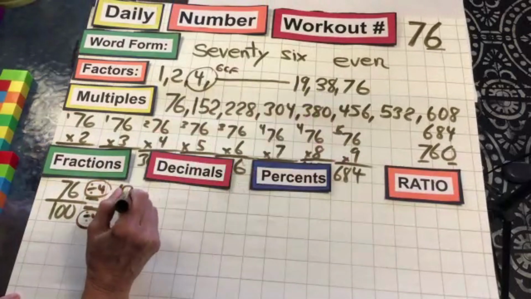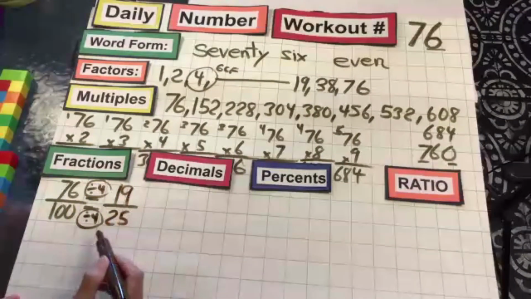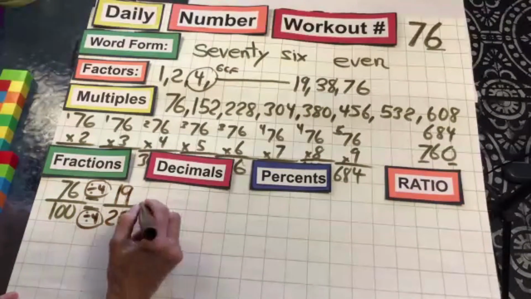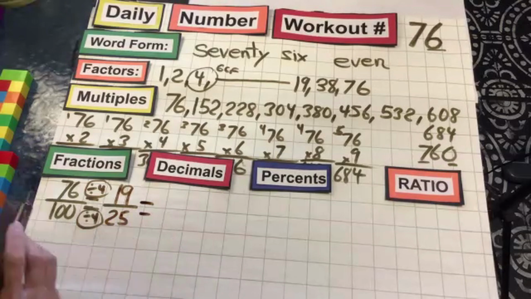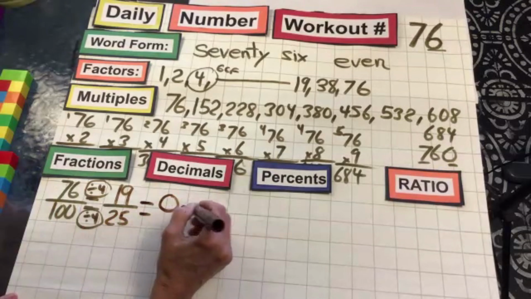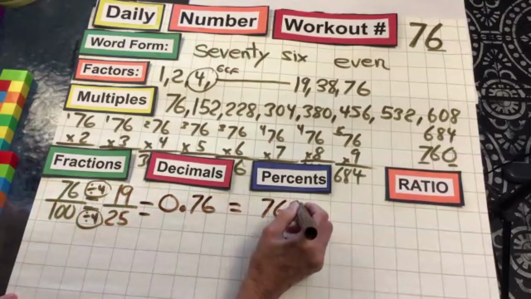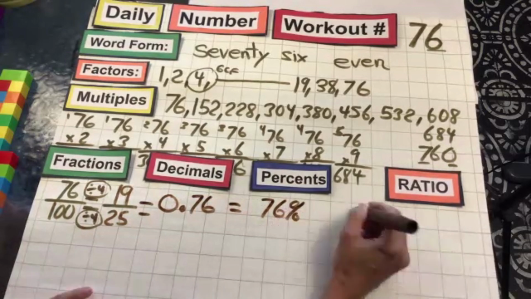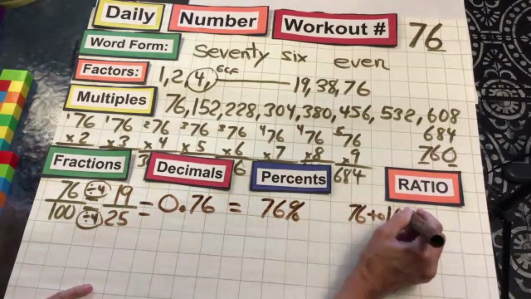So we can write 19 here. And we know 4 goes into 100 25 times because 4 quarters make $1. And there we have it. 19/25 is equal to or equivalent to 76 hundredths. And so we're going to write our decimal 0 and 76 hundredths, which is 76%. And in ratios, we might find it looking like this: 76 to 100 or 76:100.